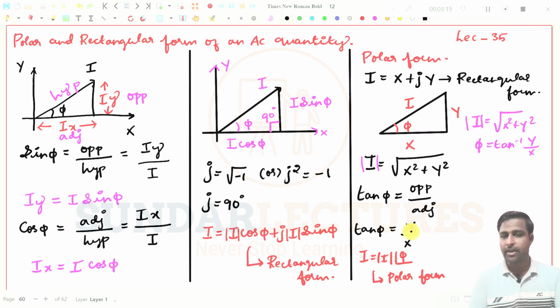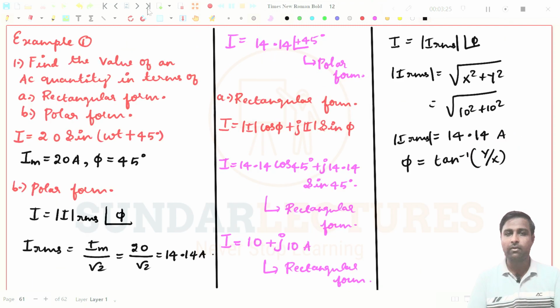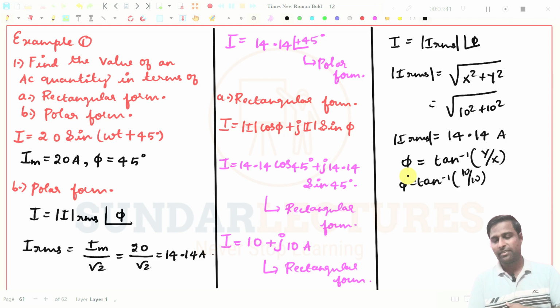So phi is equal to tan inverse of y by x, where y is 10 and x is 10. So 10 by 10 will give you 1. What is tan inverse of 1? That is nothing but 45 degrees. So phi will be equal to 45 degrees.